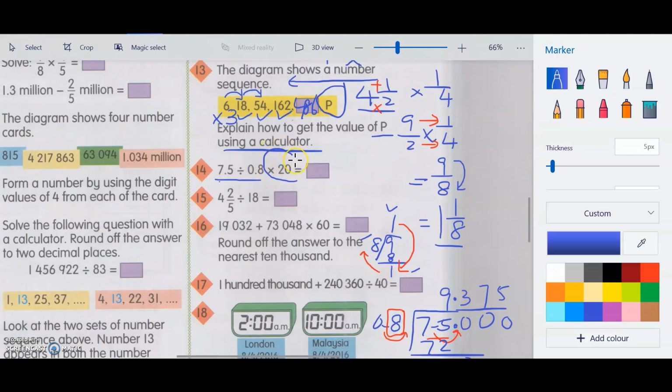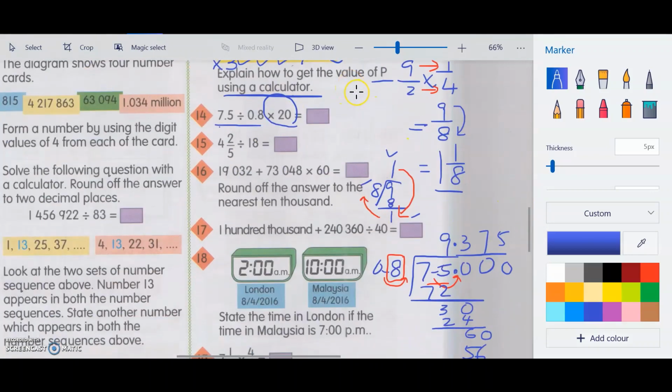Then we times 20. 9.375 times 20. The 0 you can copy down here first. Then we use 2 to multiply. 2 times 5 is 10. 2 times 7, 14. Plus 1, 15. 2 times 3, 6. 6 plus 1, 7. 2 times 9, 18.